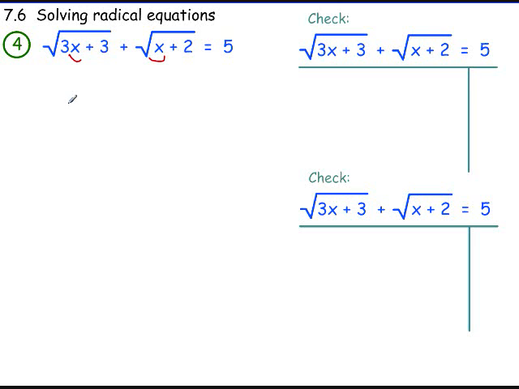I'm thinking that it might be a little easier if I actually subtract this radical from both sides before I start squaring things.